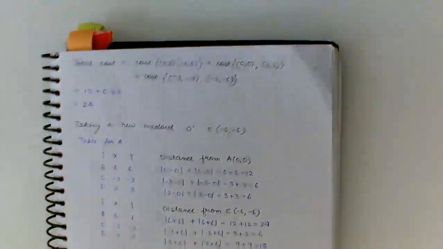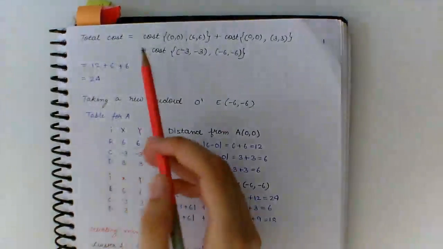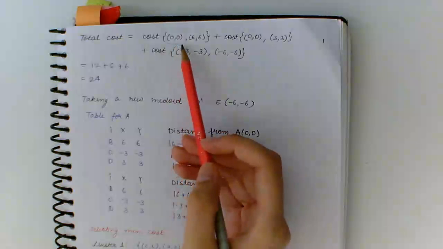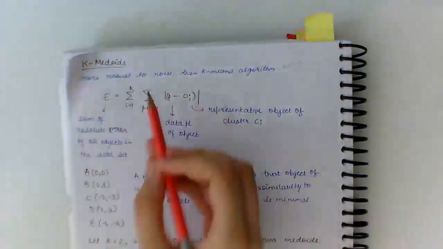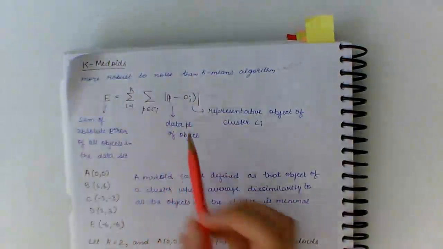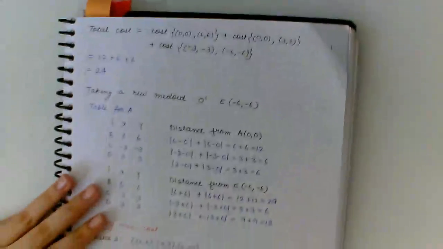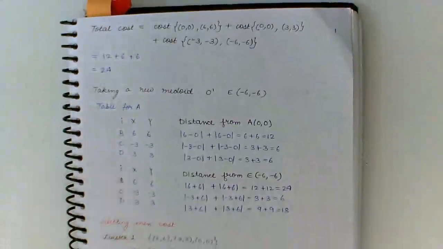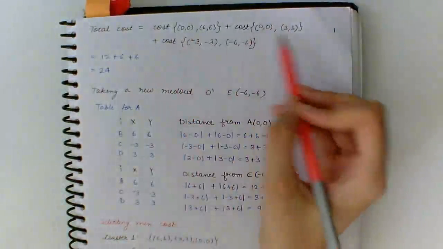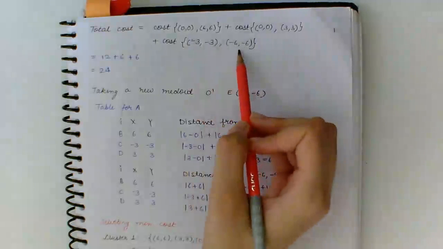Total cost. The total cost is given by the cost of every element with its medoid, like the error formula we have seen here. We have to minimize the total cost. So the cost is the distance between (0, 0) and (6, 6), (0, 0) and (3, 3), and (-3, 3) and (-6, 6).